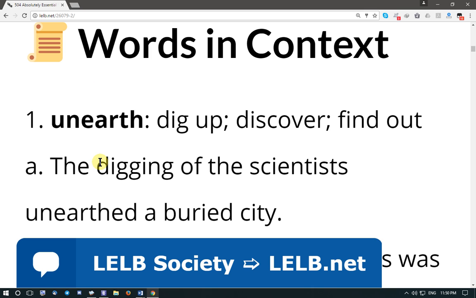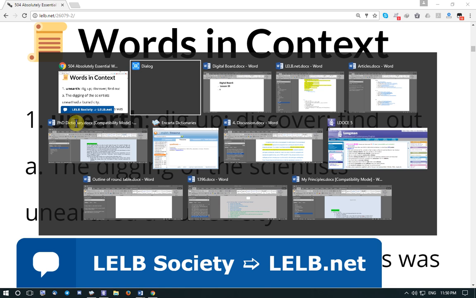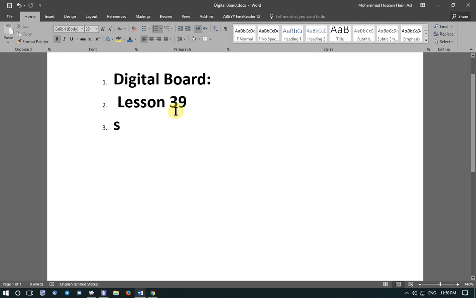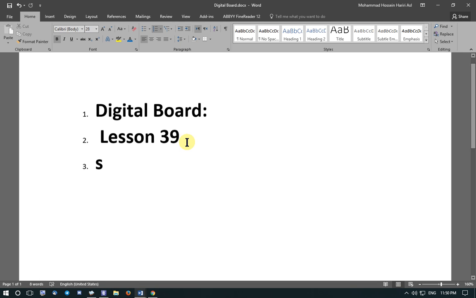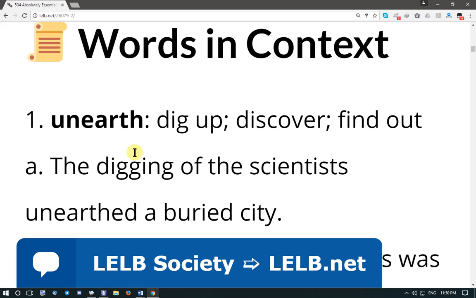I'm going to bombard you with a lot of words and expressions, but why not? This is a great practice actually to enrich our vocabulary. Okay, word 1. Let me see if my digital board is there. Yes, it is, and ready to be used. Unearth. So first word is unearth.